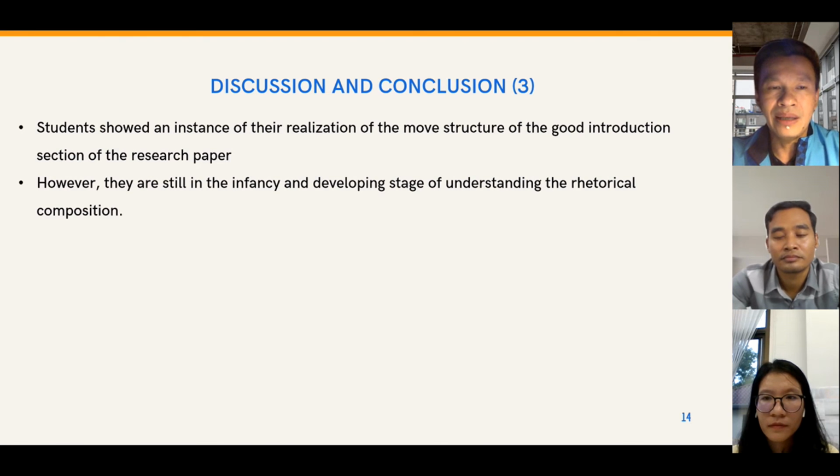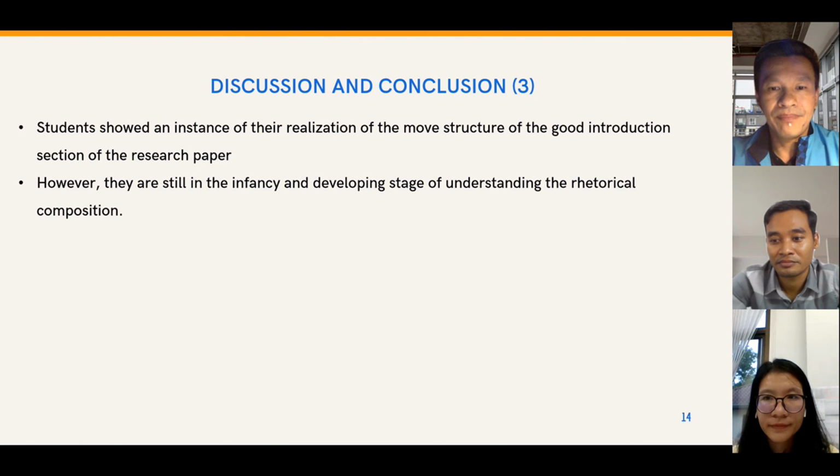For Move 1A and Move 1B, our students are still not yet fully competent in deploying tense choices. They are still having some problems, due to the fact that many errors have been observed from the investigation.